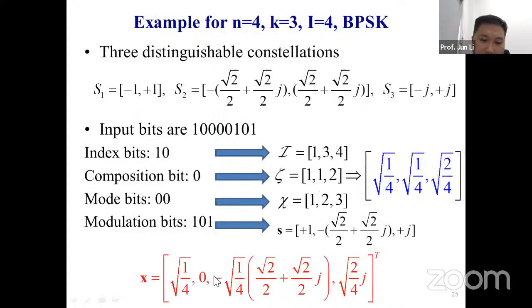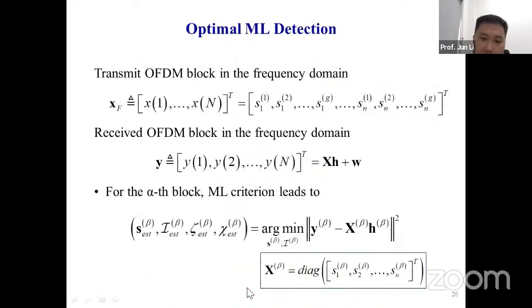If the x is not in this form, then the Euclidean distance will be larger than the smallest. So if we correctly get the transmit signal vector x, then we will get the s.